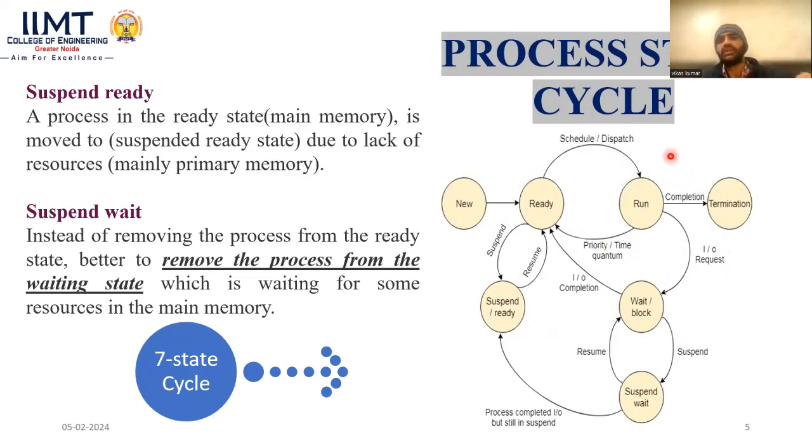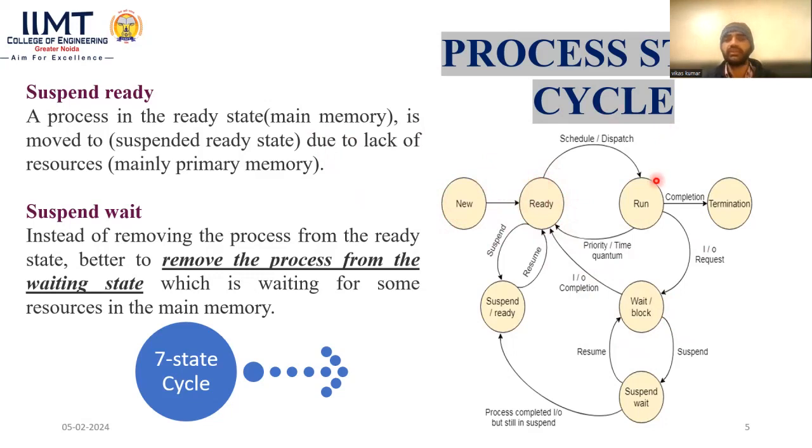After suspending it, we take the high priority task from new to the ready state, run that particular process, and terminate it. After termination, we check whether there is any free space in the ready state. If there is, we will resume that process from the suspended ready state to the ready state.